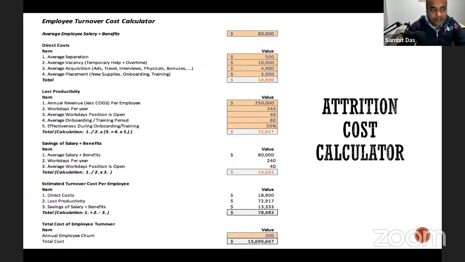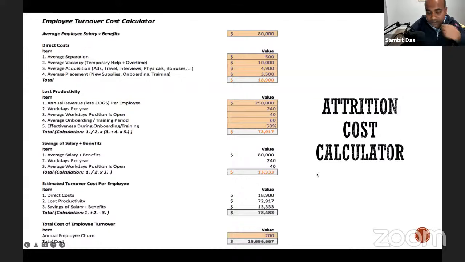The one thing that may be constant is the annual revenue, which you can go into the company and have a look at. But all these variables will need to be refined and fine tuned for each company.